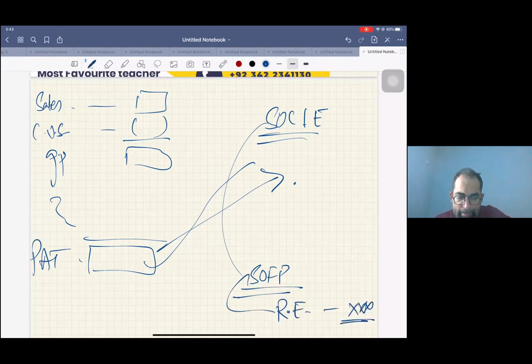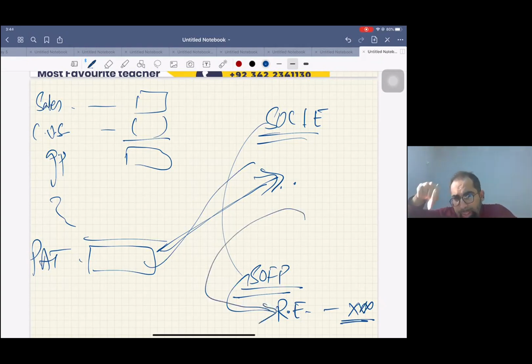I repeat, first you make the income statement: sales, cost of sales, gross profit. I hope you remember all this. Then you calculate profit after tax, which goes into the statement of changes in equity, and then the closing retained earnings goes into the SOFP.